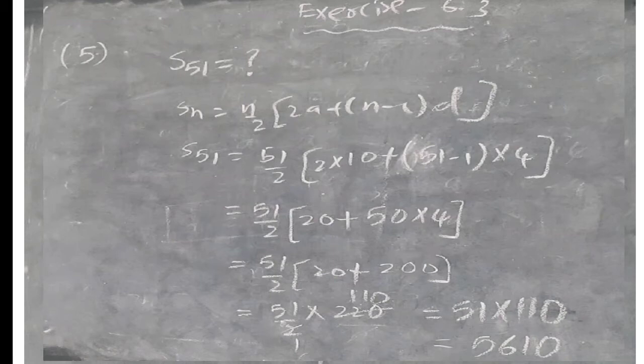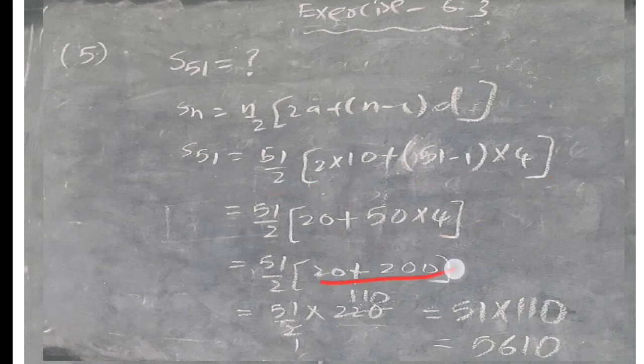The Sn formula is n by 2 of (2a plus (n minus 1) into d). Here I am not using n by 2 of (a plus l) because the l value is not available. So n value 51 by 2, 2 into a value 10, (51 minus 1) and d value is 4. 2 into 10 is 20, 51 minus 1 is 50 into 4, which is 200.